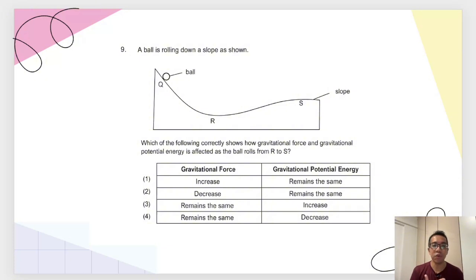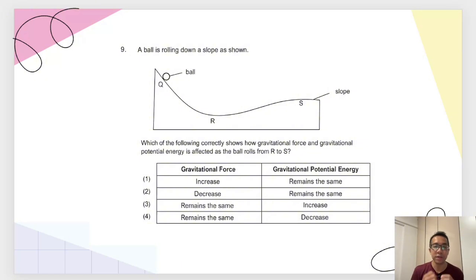B, there is no change in mass for the ball as stated in the question. Whereas for GPE, there is a change in height from R to S. The ball goes to a slightly higher position. Therefore, your GPE should increase.